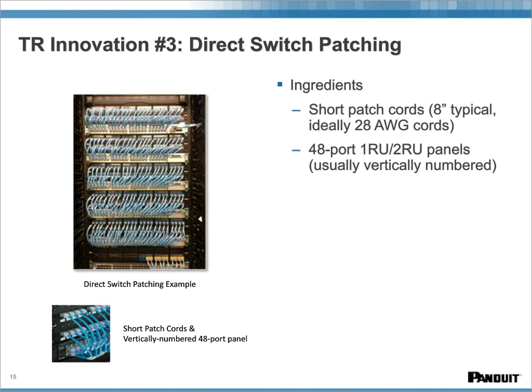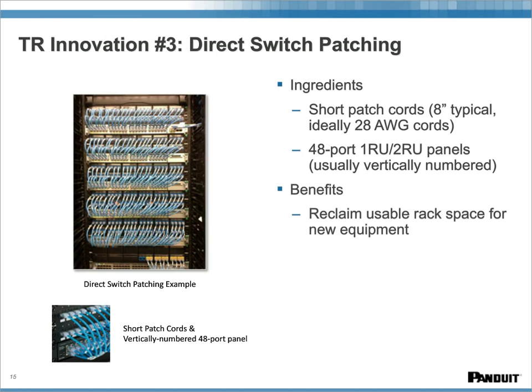You're also using a 48-port panel, although it may be either a 1RU or a 2RU, typically vertically numbered, again, to match the port mapping on the switch. In this case, you've already gained quite a bit of density from eliminating the horizontal manager, and some customers find it, frankly, easier to work with a 2RU panel in this case.